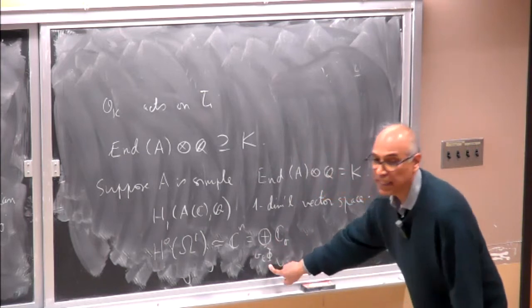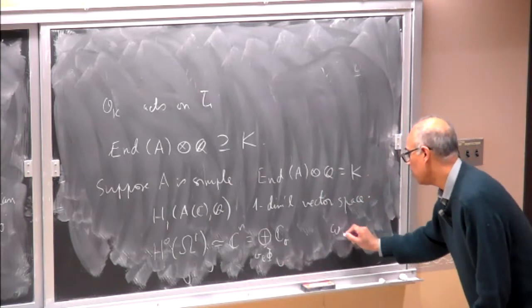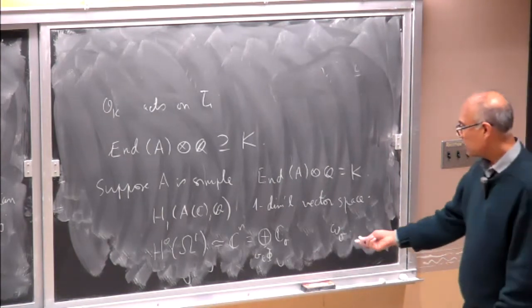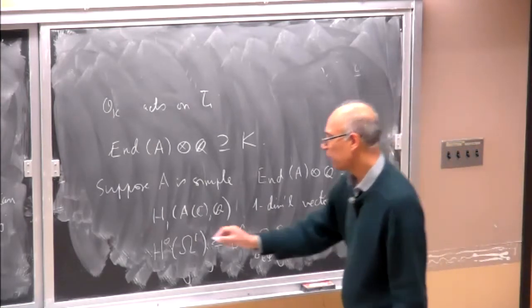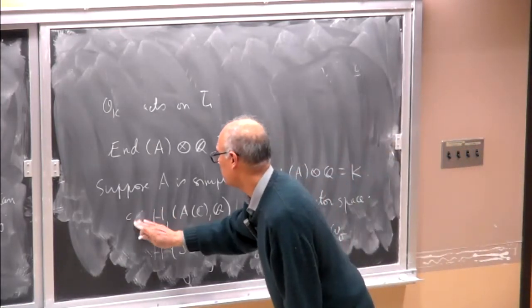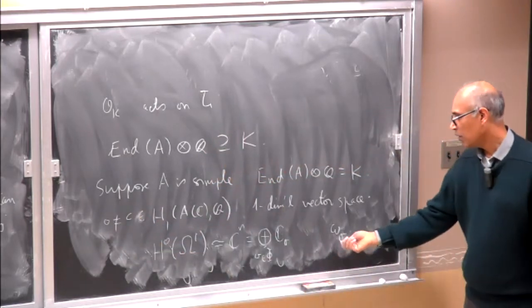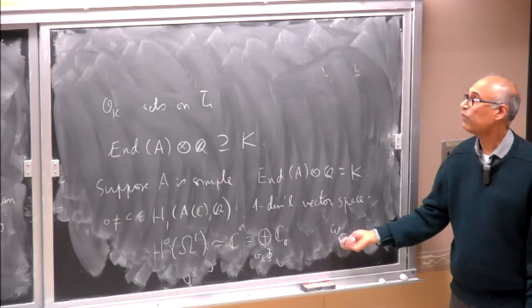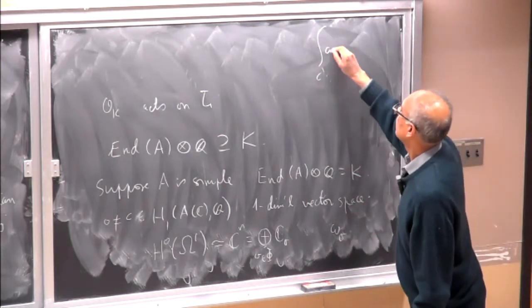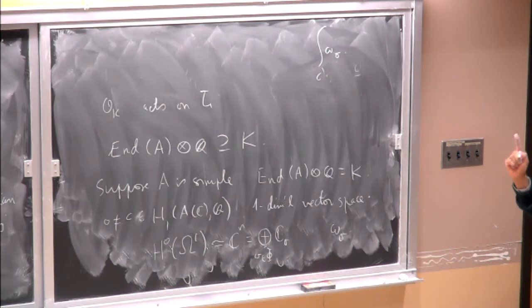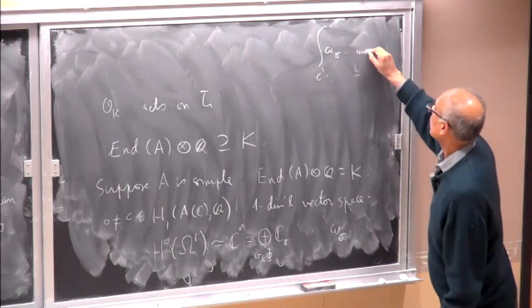So in other words, for each element in the CM type, there is a holomorphic 1 form, omega sigma, unique up to multiplication by K. So what I do is, here I have a one-dimensional vector space, so choose some non-zero element c in here, which is not 0. And then for each sigma in phi, look at this holomorphic 1 form and consider the period. Okay. This is well-defined modulo Q bar star.